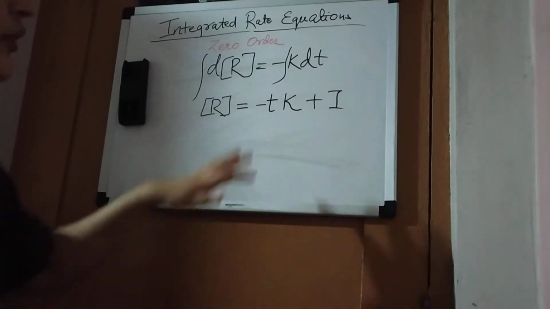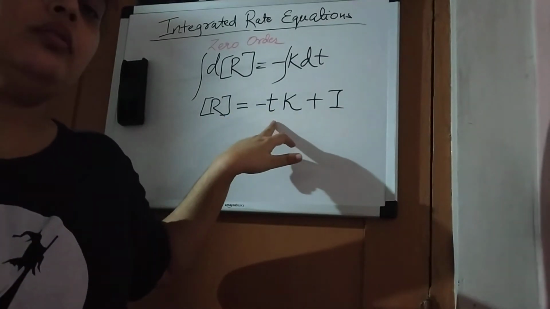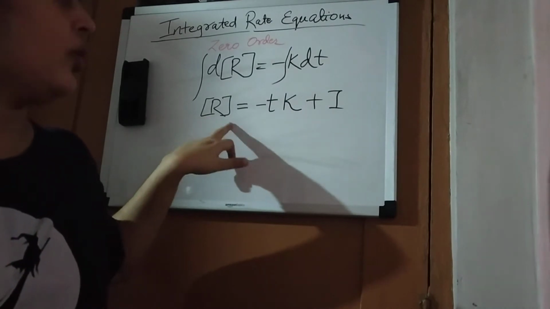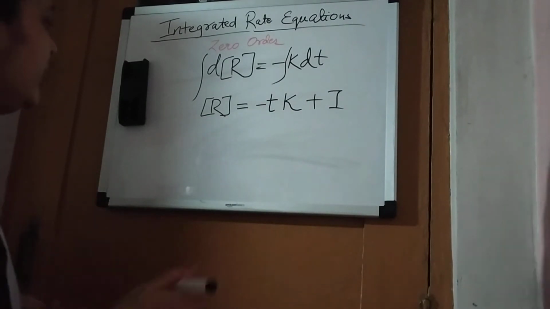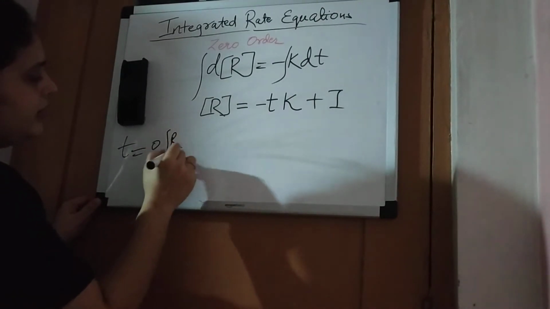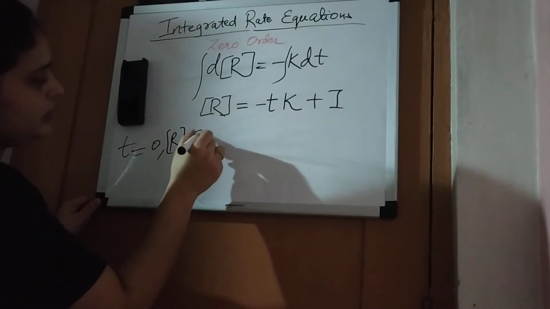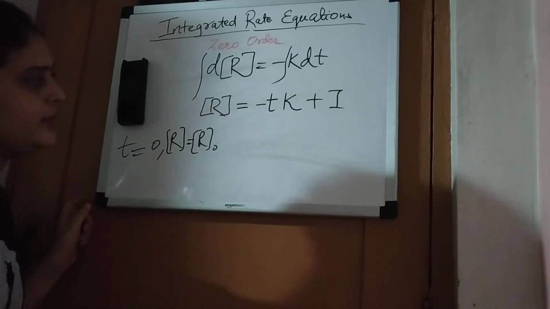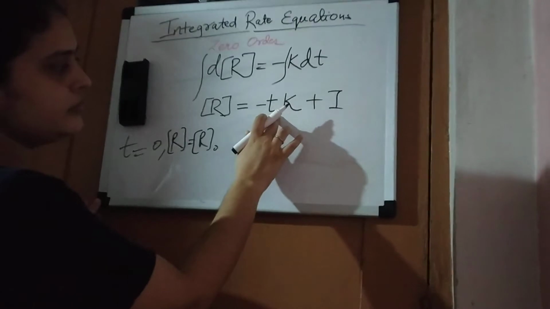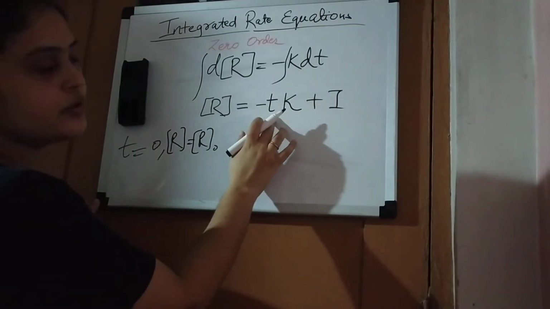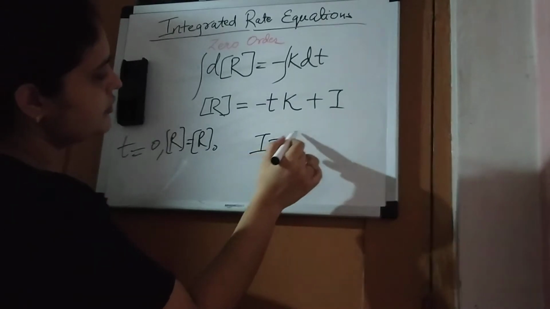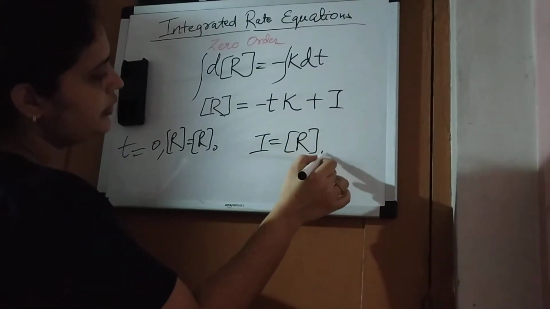At time 0, the concentration of reactant becomes R naught. So at time 0 and R equals R naught, what will you get here? 0 into k becomes 0, and I becomes R naught. So I equals R naught.